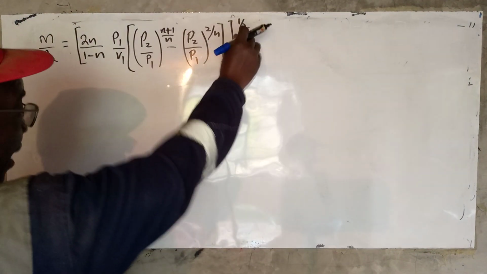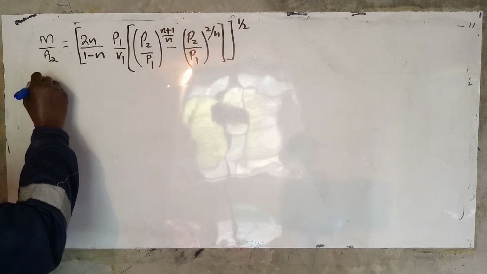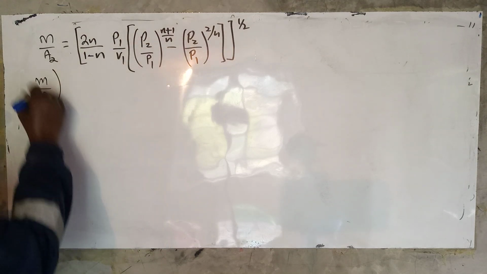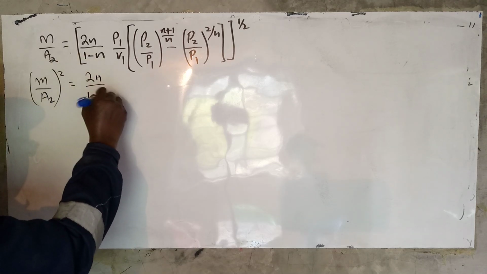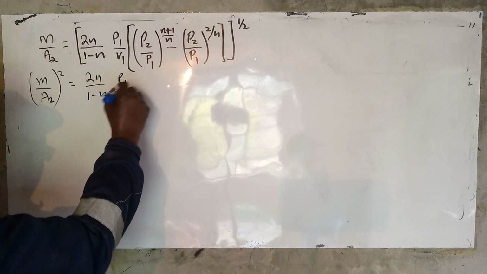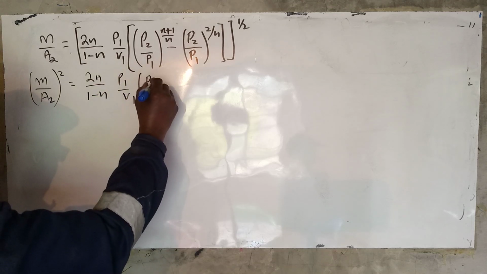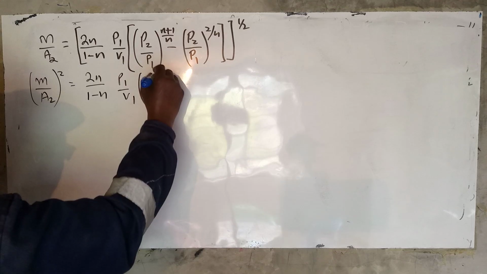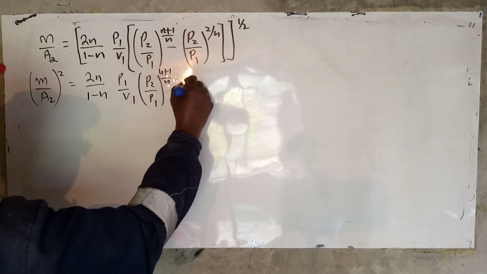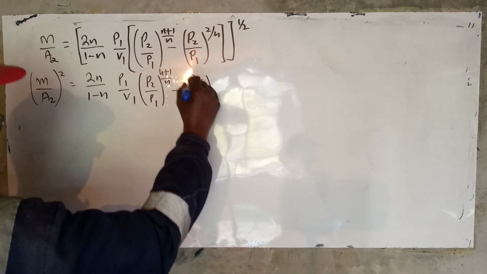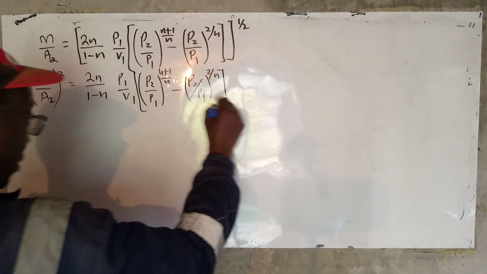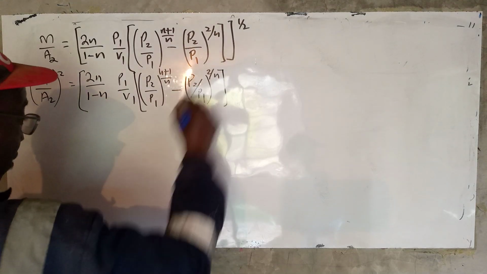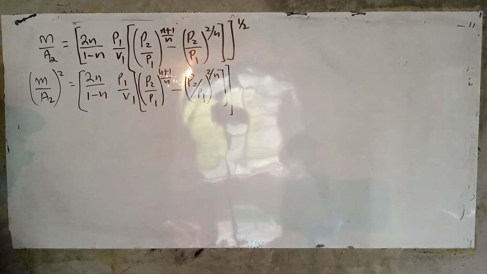So let's just simplify it by removing our square root. If we remove our square root, of course, that will be squared. So that should be 2n into (1 minus n), P1 over V1 into [(P2/P1)^((n+1)/n) minus (P2/P1)^(2/n)]. And so our life is becoming a lot easier.